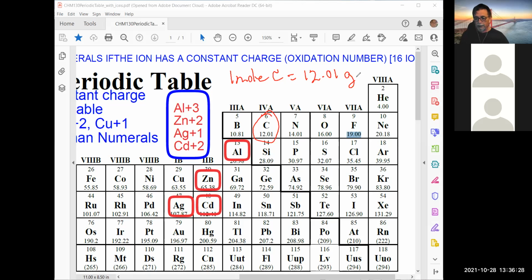Yeah. Okay. Also, let's take it further. 6.02 times 10 to the 23rd carbon atoms is equal to 1 mole is equal to 12.01 grams.